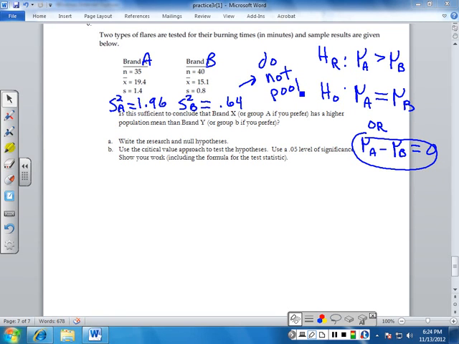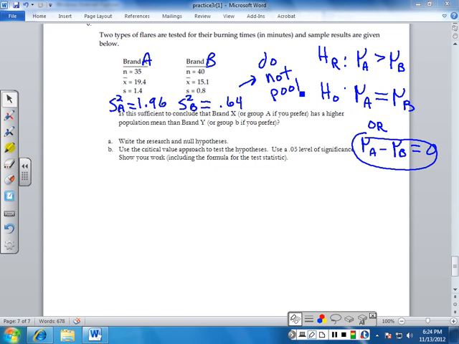So to get the degrees of freedom on the unpooled test, we pretty much just have to run the test through the calculator and get the degrees of freedom there. There is a formula. I think I gave it to you on one of the formula sheets. Let's just use the calculators on it. There's nothing that much to be gained by that formula.